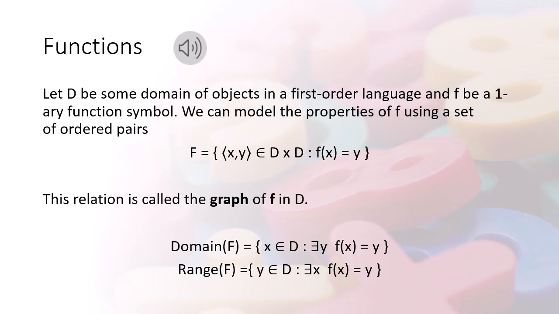Down below, I have included the definition of the domain and the range of that particular function. But the idea is, again, that we would take our one-ary function symbol and represent it using an honest-to-goodness function in the domain. And again, this works not just for one-ary function symbols, but for n-ary function symbols.